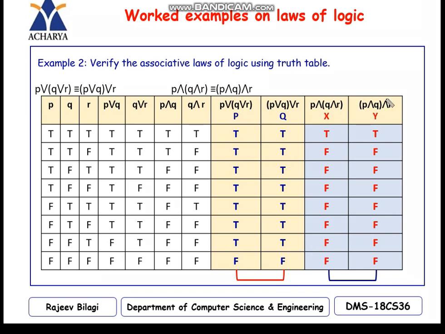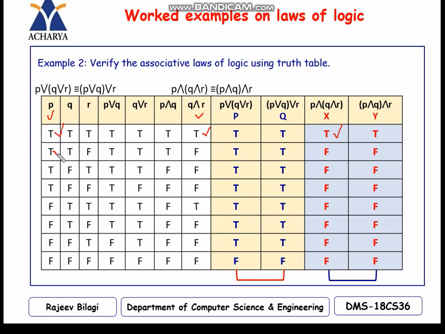So next is with respect to the AND operator. So that is P and Q and R. So with these two columns, if you look at the AND operator, when both are true, this is T, this is T, so hence it is T. Otherwise it is false.